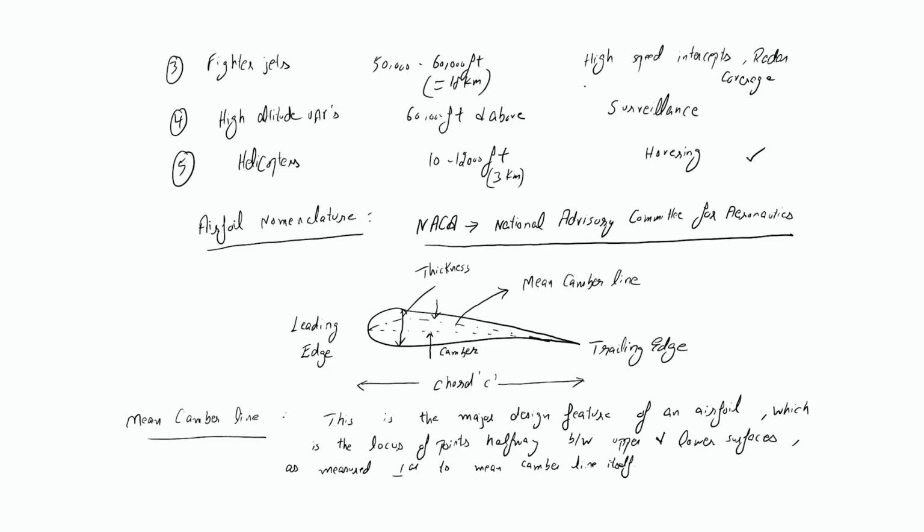See here, the most forward point and the rearward point are called the leading edge and trailing edge.